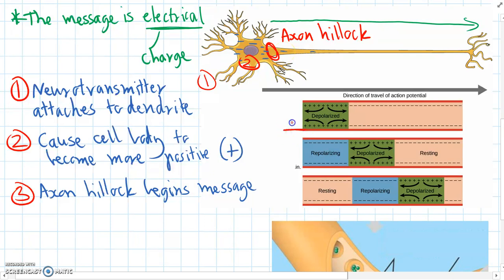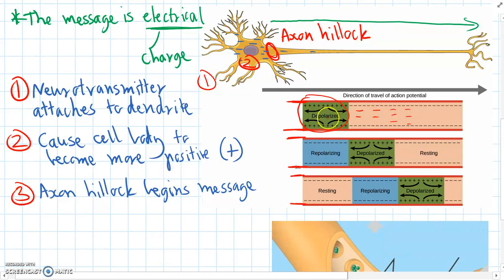And if we look at these three diagrams here, this is showing the same axon but at 3 different times. And remember, the inside of the axon is negative at the start. But once the message begins, this green area here is showing how the axon becomes positive, and we call that depolarization.